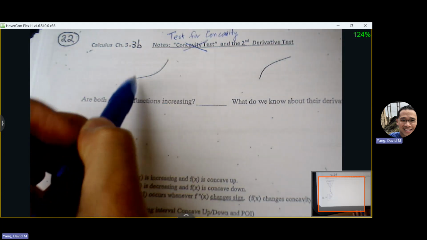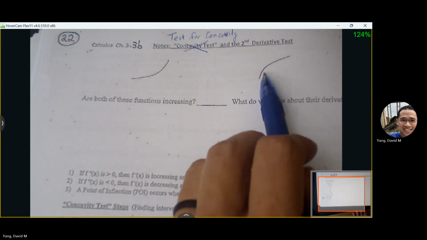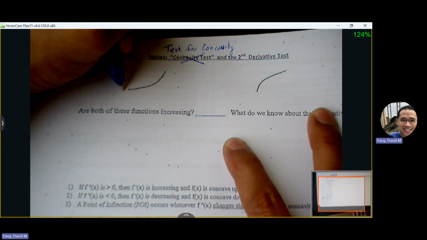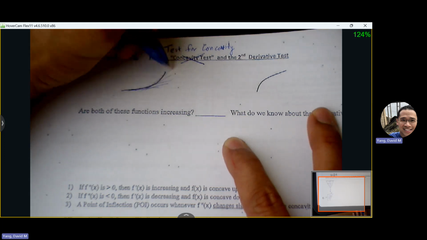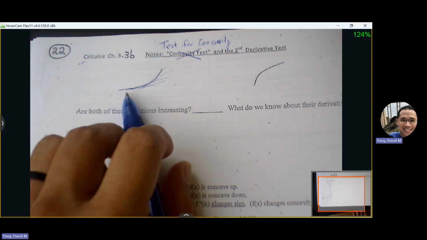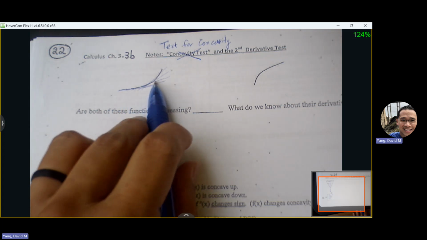What's the slope of this curve? Positive or negative slope? Positive. How about this one? Also positive, right? But there's a distinct difference here, because if I were to look at the slopes of tangents, maybe this is a slope of 1/2, then 1, then 2, then 3, then 4.